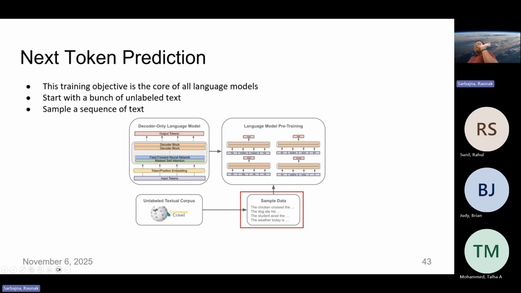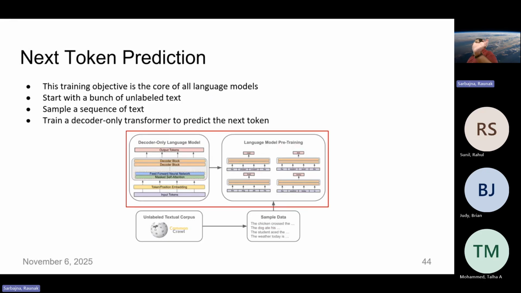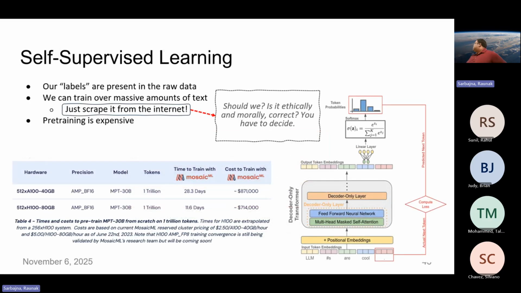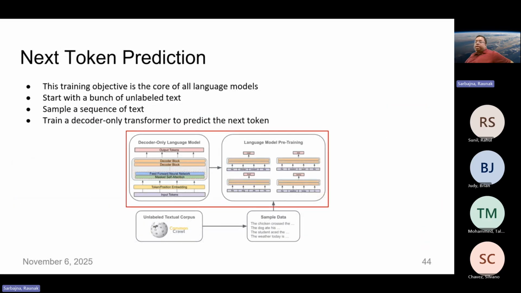You sample one part of it, take one sentence from a Wikipedia article, put it into your decoder-only architecture, see what token it spits out, and then check whether it matches the original text or not. This is how the decoder-only architecture is pre-trained.